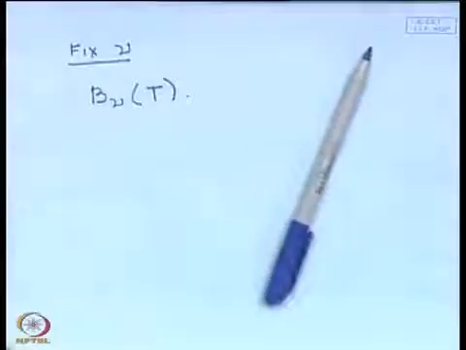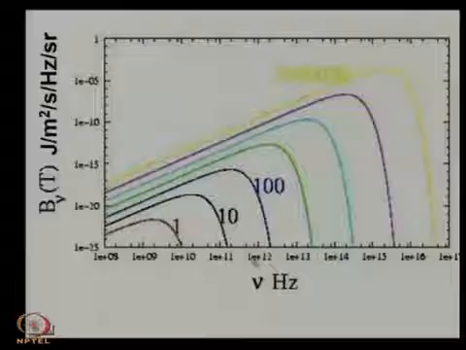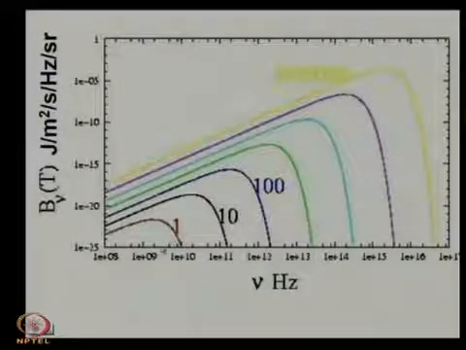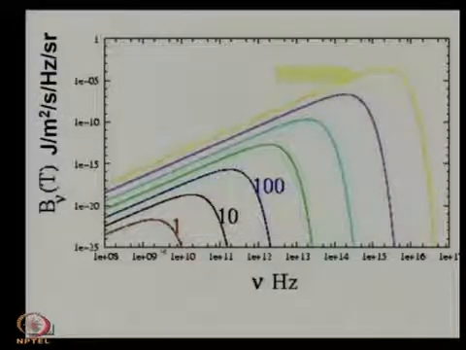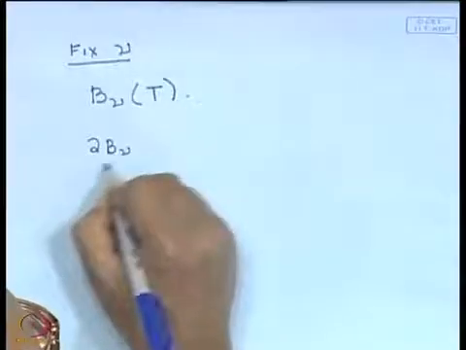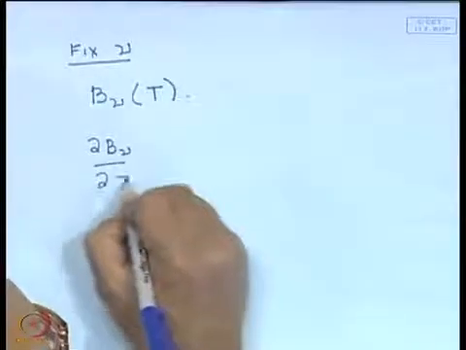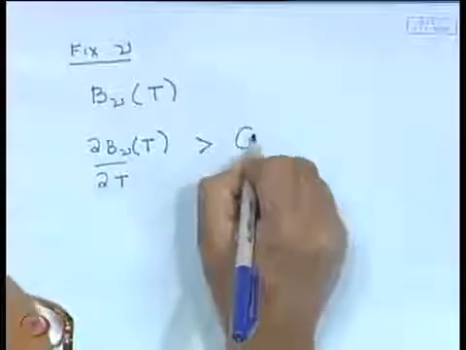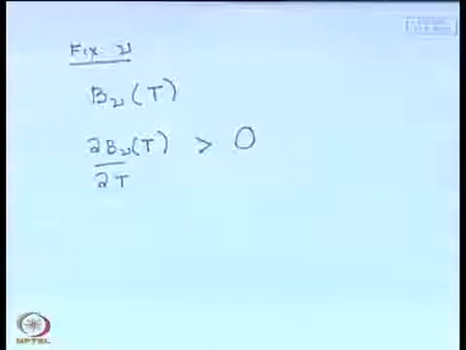Let us say I look at this point over here, which is 10 to the power 10 hertz, and increase the temperature. Now, it turns out that del B by del T you can do this and check for yourself. It is straightforward. I am not going through the exercise. You just differentiate the expression that we have with respect to temperature, and you will find that this is positive.